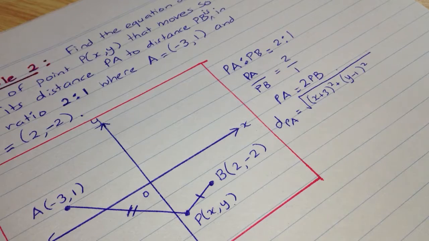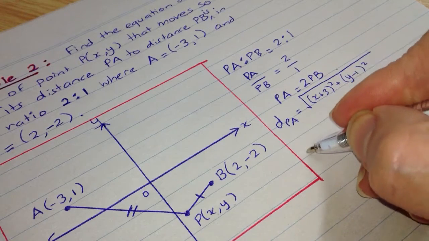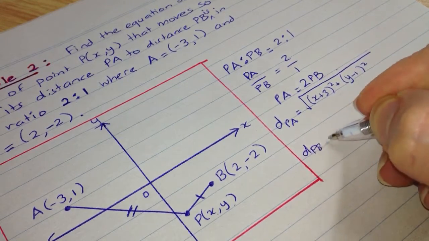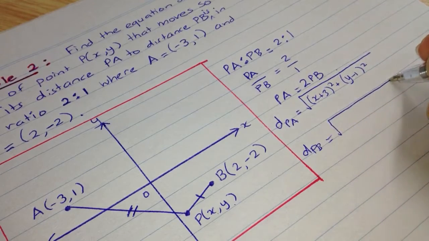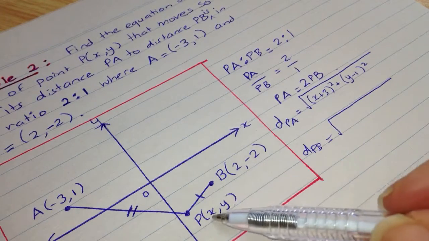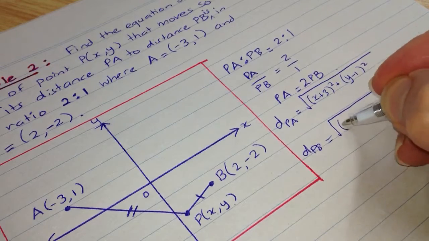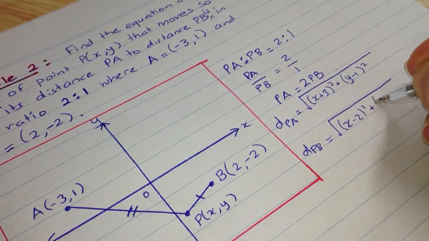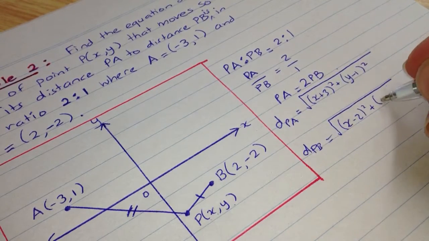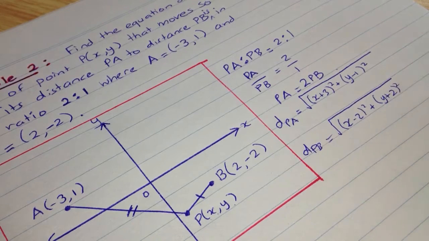Okay, that's the distance PA. Leave it as it is. Let's find the distance PB in the similar way. So look at P and B now. So you've got x minus 2, all squared, plus y minus -2, which is y plus 2, all squared.